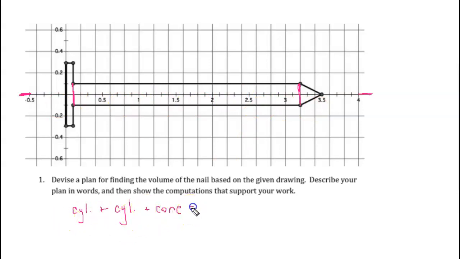And if I add those 3 up, it should give me the volume of the nail in cubic inches. So I want to find the volume of this cylinder, the volume of this cylinder, and the volume of that cone. Those 3 pieces. And then I will have the volume of 1 nail in cubic inches.